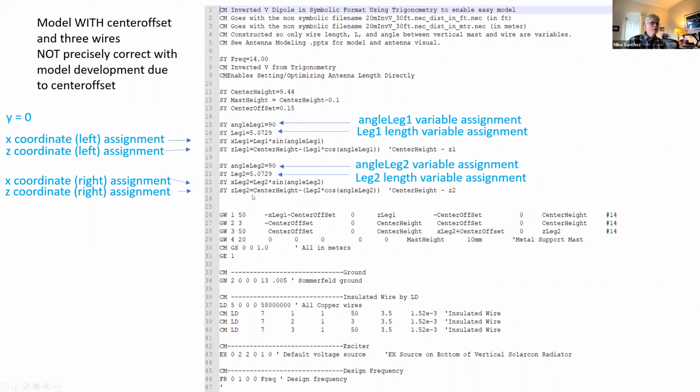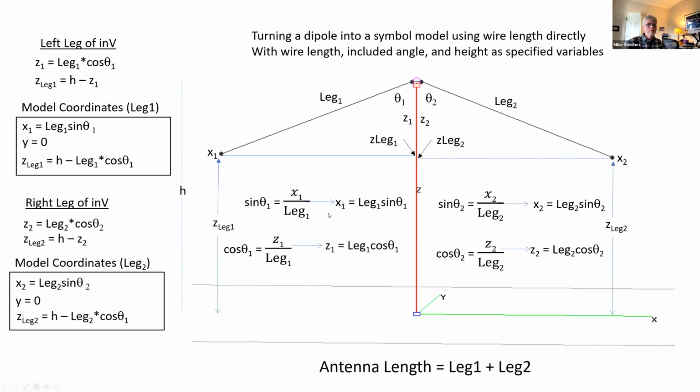In terms of its coordinate definitions in symbol format, now we build the wires. So just like before, we do minus X leg 1, and now I did put minus center offset in here because that looks like our previous model. That's actually not completely correct, but hang on. It's not completely correct because our previous model doesn't have center offset.